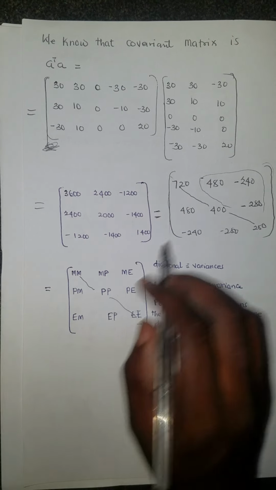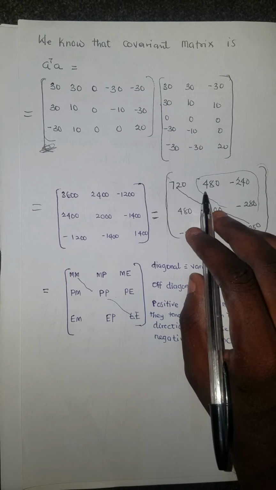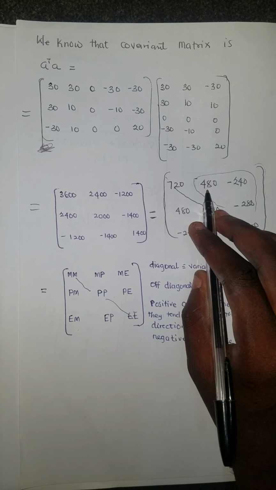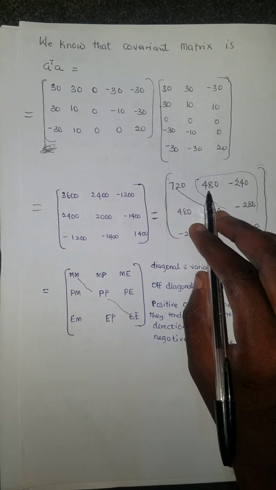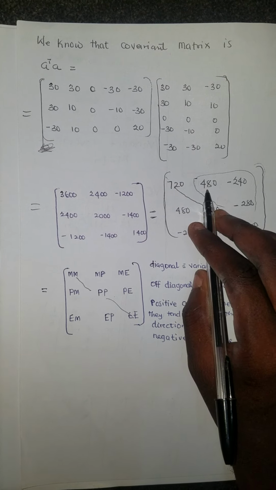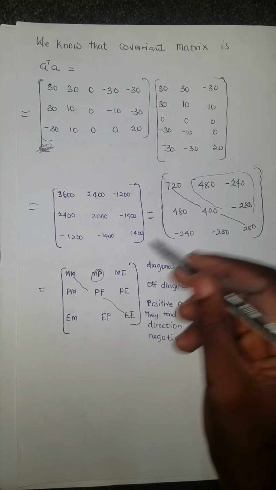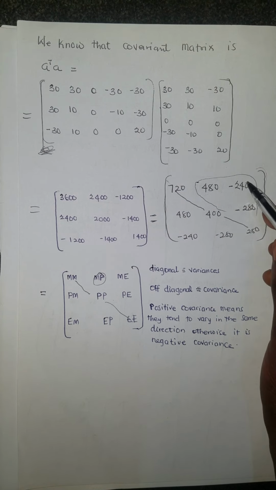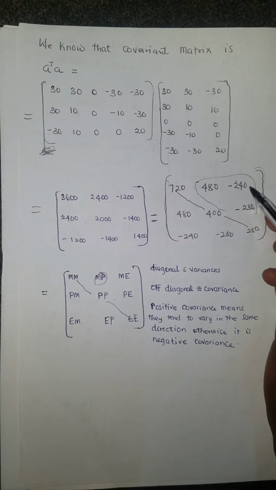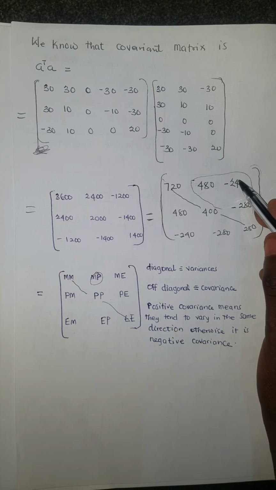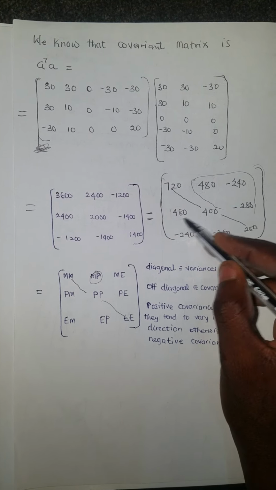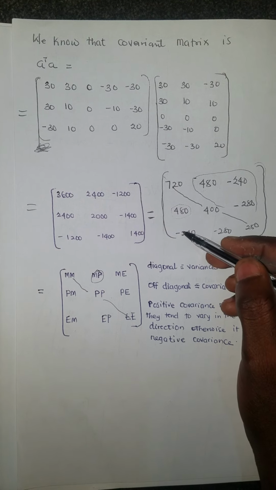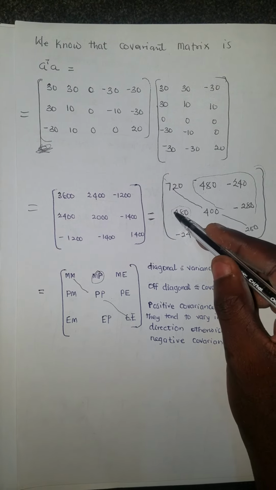Now the 480 here is the covariance of what? Mathematics and physics. And then this is the covariance of what? Mathematics and English. This is the covariance of mathematics and physics.